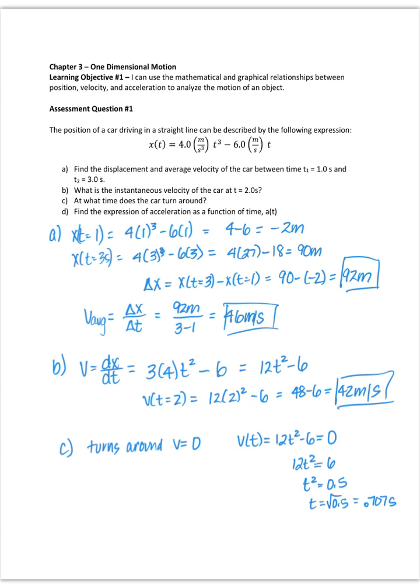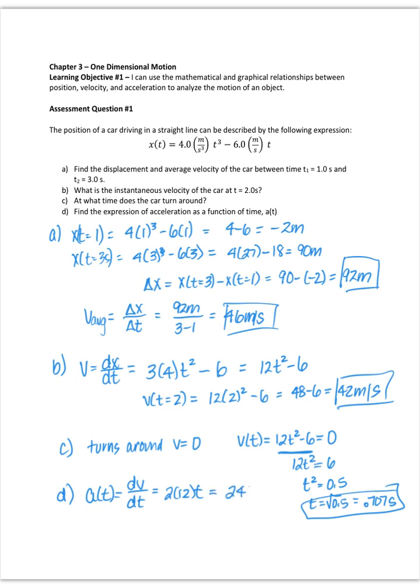Finally, the very last part of this problem is the expression for the acceleration. The acceleration as a function of time is the derivative of velocity with respect to time. And so we take the derivative of this expression, so we would get 2 times 12 times t, and then the derivative of 6, because it's a constant, is 0. So that's just our acceleration.